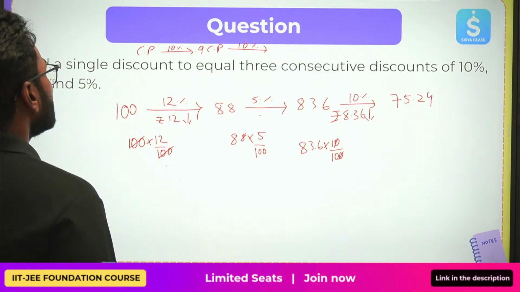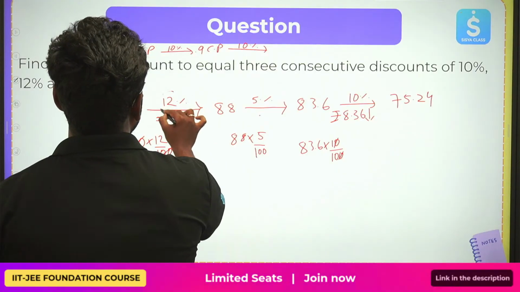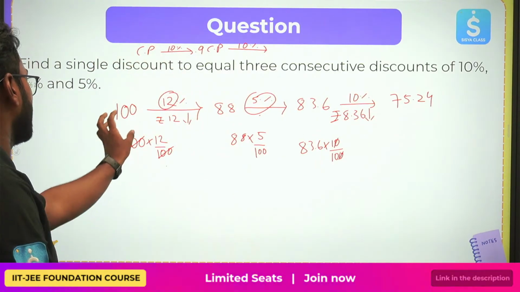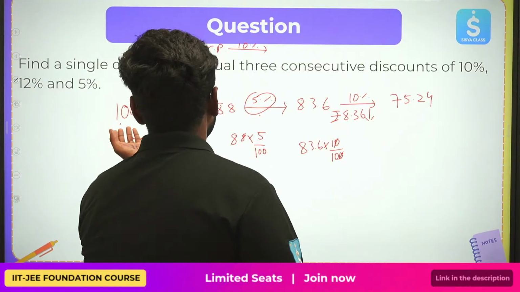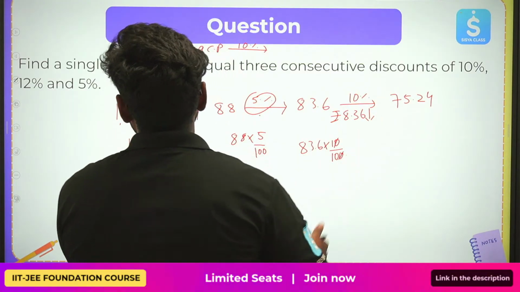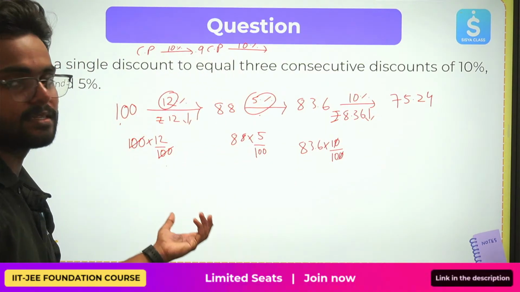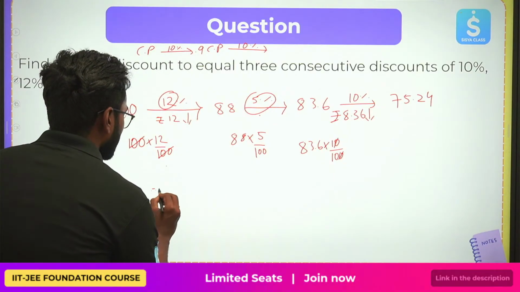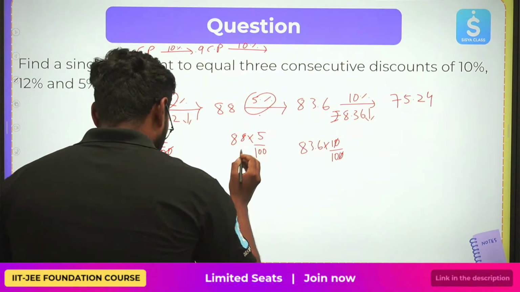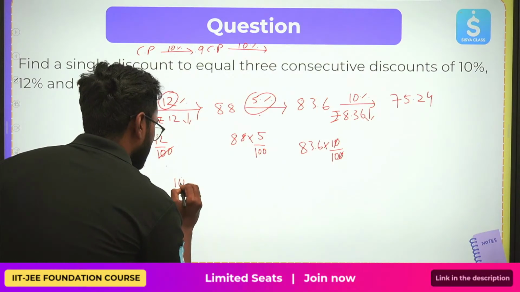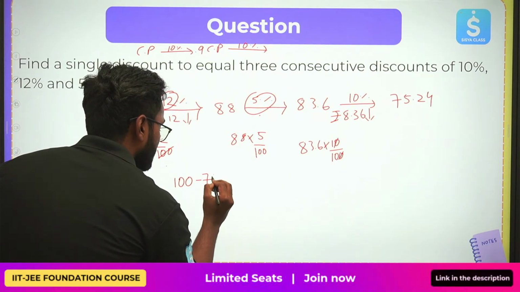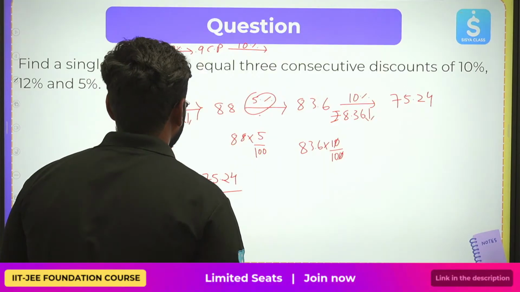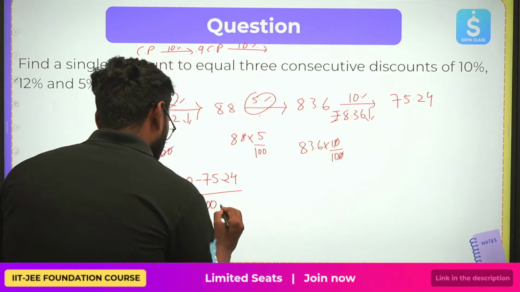Now, if I don't want to give them the successive discounts of 12, 5 and 10, what can I do? I can find out the difference between the first price and the final selling price and divide it by the initial price and multiply it by 100 to get the percentage. That is 100 minus 75.24 upon the initial price into 100.